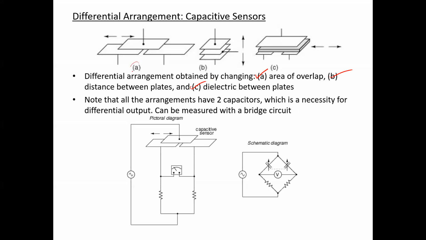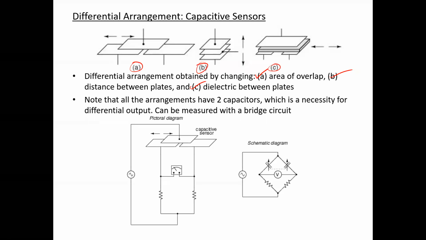Figure A shows an example of differential arrangement of capacitors by varying the area of overlap. Figure B represents the arrangement based on varying the distance between multiple plates. And lastly, this one represents the variation with respect to the dielectric constant.